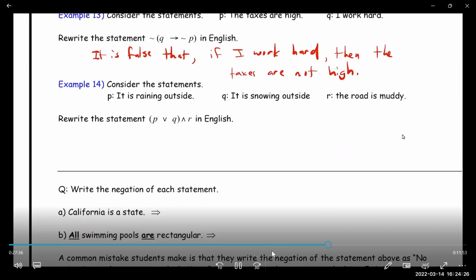The P first, which is, it is raining outside. And then what does this symbol mean? Or. Or, yeah. It is snowing outside.